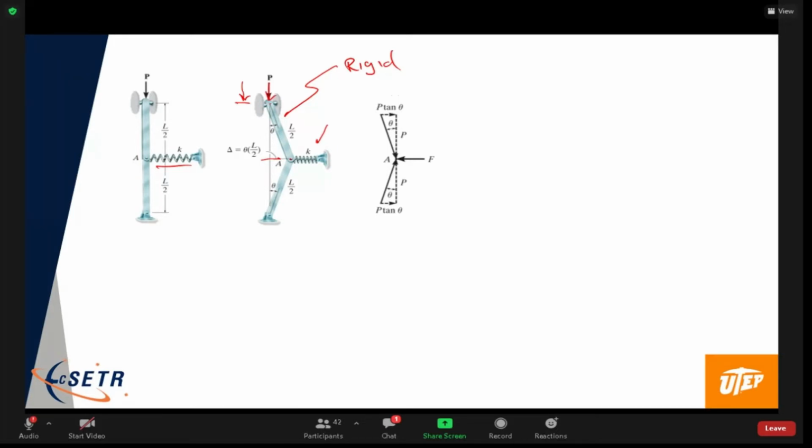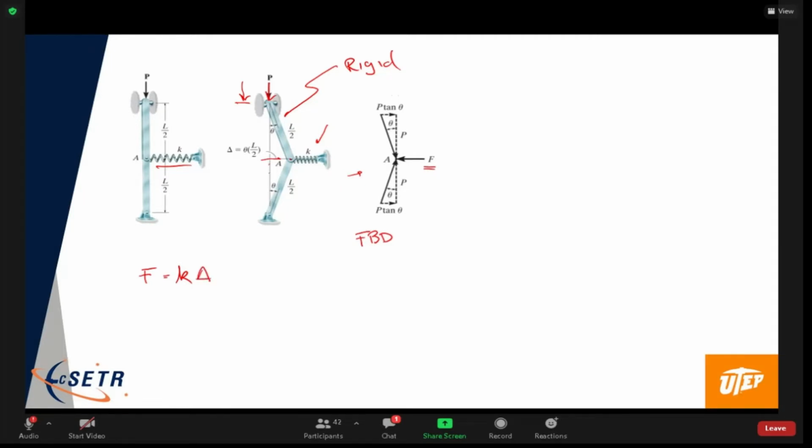So if we draw the free body diagram at this pinned location right here, okay, we have this restorative force from the spring. So that's the lateral spring force, which equals the spring constant times how much the spring deflects.